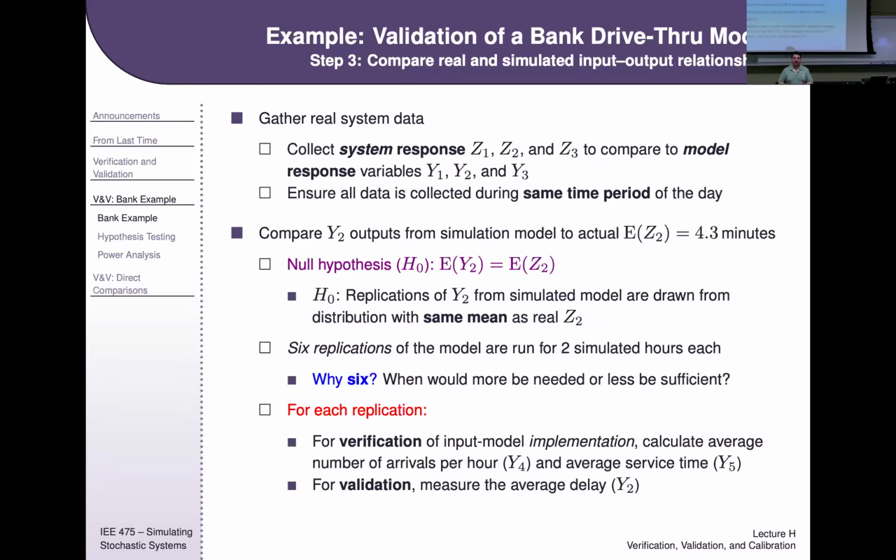So it feels like we're probably going to use a t-test here because I'm comparing means. Two populations: do they have the same mean? Population of output from my computer, population of output from the real world, do they have the same mean? T-test. So I'm going to run a certain number of replications from my simulated model, and just measure the mean from my real world model.